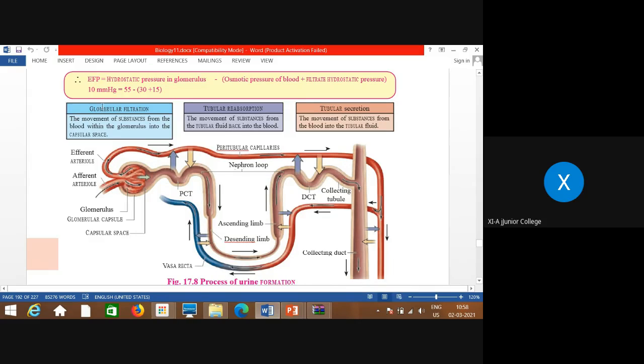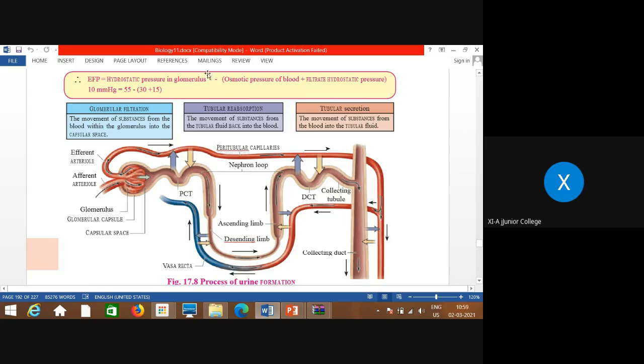So EFP, the effective filtration pressure, is the hydrostatic pressure in the glomerulus minus the osmotic pressure of blood and the hydrostatic pressure of filtrate. So this you learn. This is equivalent to 10. How?